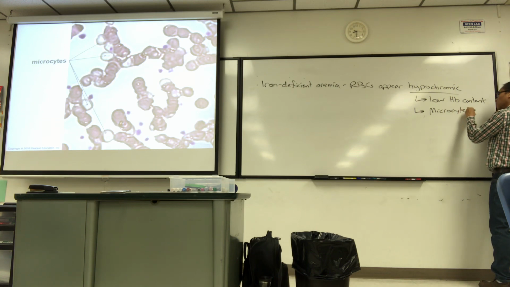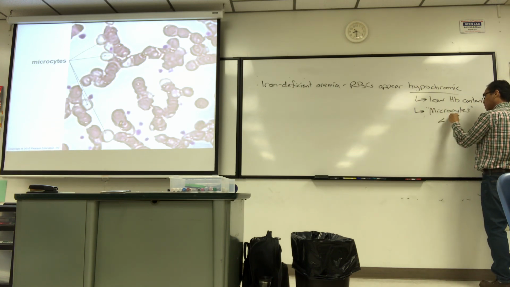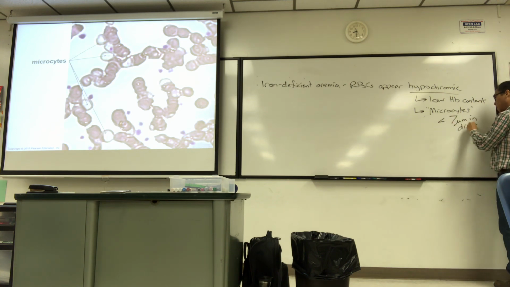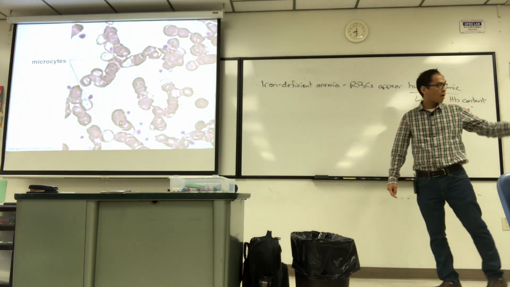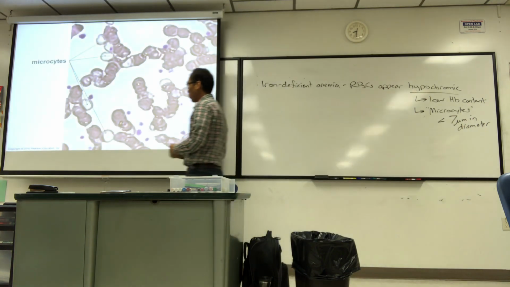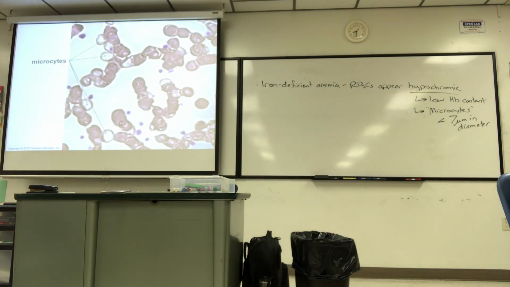So they're called, quote unquote, microcytes, less than 7 microns in diameter. There's another picture. This is from our collection. I just took a picture and pointed to a few. Hypochromic, and they are smaller.